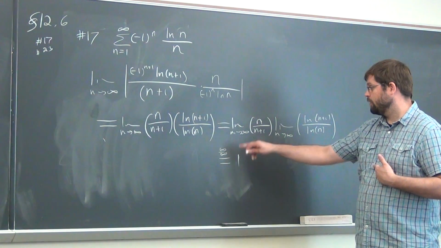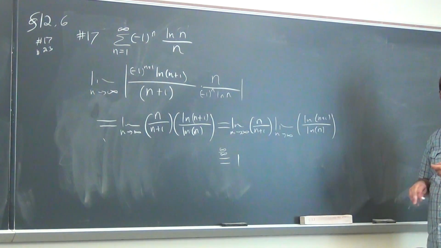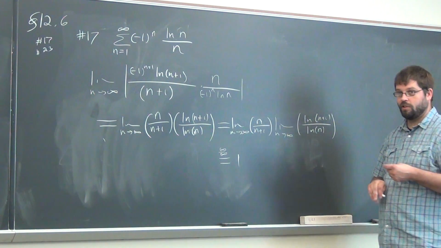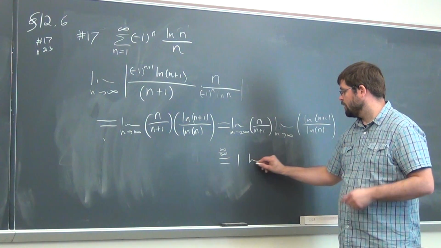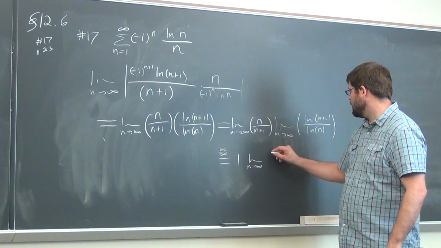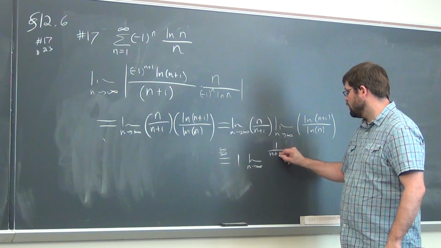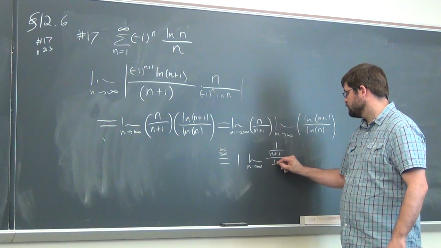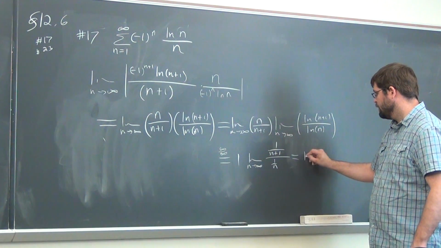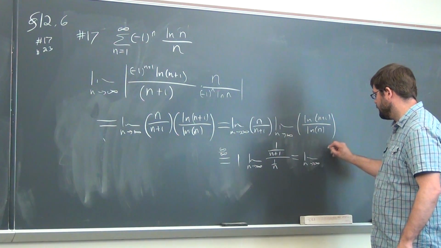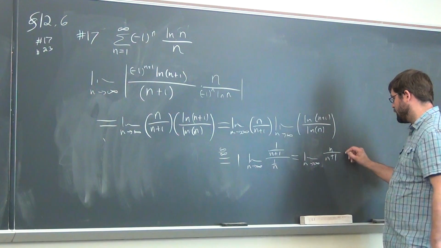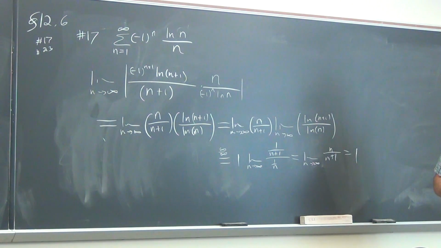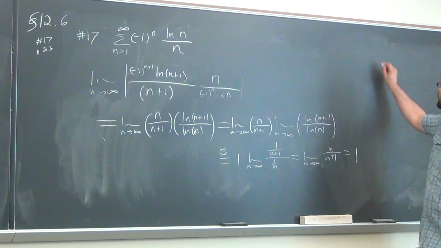So if it's infinity over infinity, you can use L'Hopital's rule. Limit as n goes to infinity of 1 over n plus 1 over 1 over n. And that's 1, or you can flip it over again, we're back to that same thing. That limit's 1. And so the ratio test.